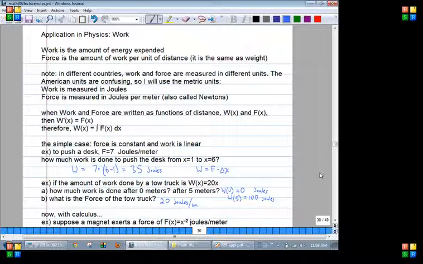We can talk about how much work is done between two points, between two values. And that's what's tricky about the fundamental theorem of calculus. It says we're not just recovering the original function. We're actually going to say what's the change in the value of that function from this point to this point. Once you get that, you basically get it.